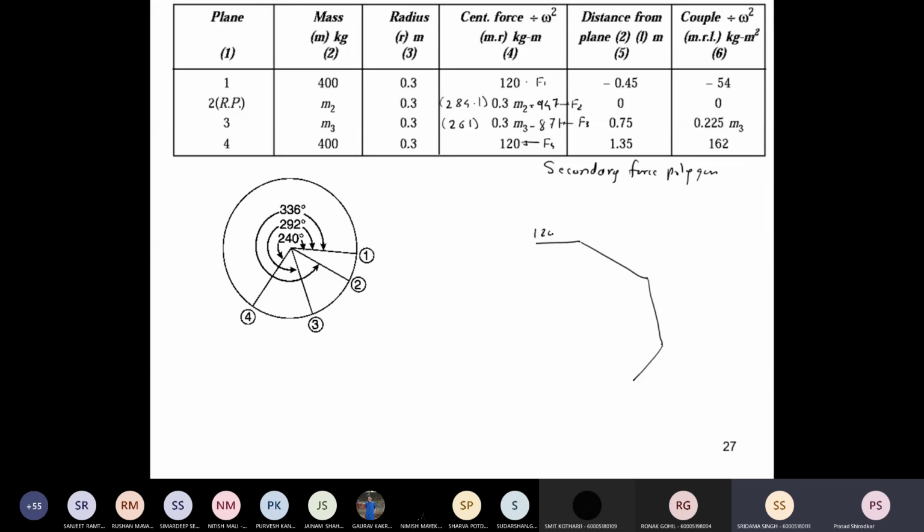Right? So 120, 284.1, 261 and 120 degrees. All right, and complete this force polygon. That is your secondary force polygon.